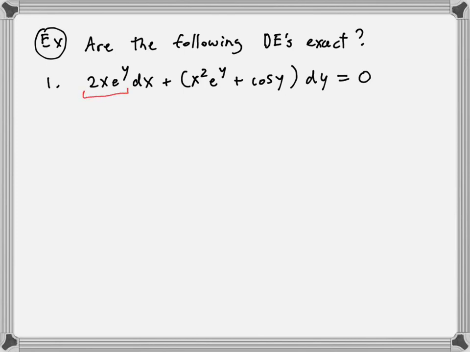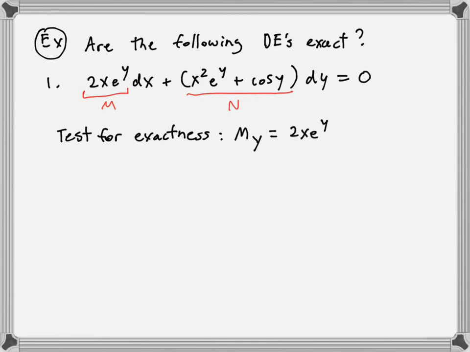So question, is this exact? Remember, this is M and this is N, right? So let's do the test. What's the test for exactness? Partial of M with respect to y is just 2x e to the y.